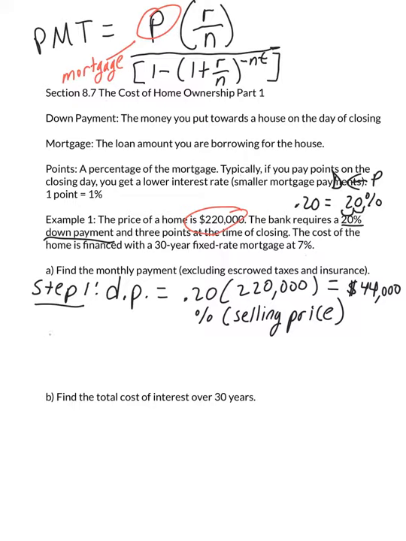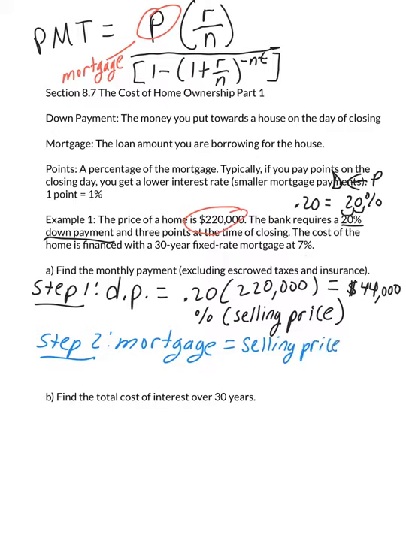Now, step 2. Now that I know what the down payment is, I can figure out what the mortgage is. In other words, how much we need to borrow, what's left to pay off the house. So I'm going to take the selling price and subtract the down payment, which I'll abbreviate again, D.P. The house costs $220,000, minus what we're putting down on the day of closing, $44,000 of that $220,000.